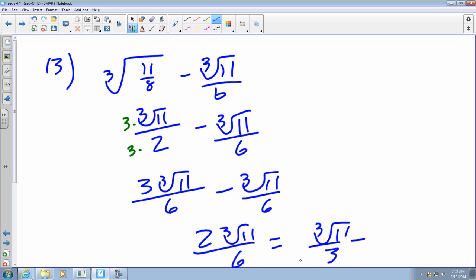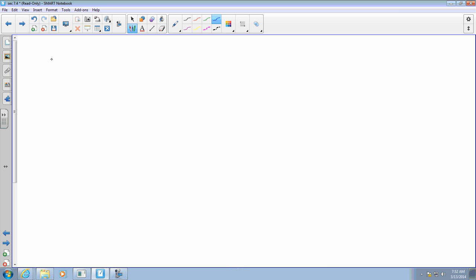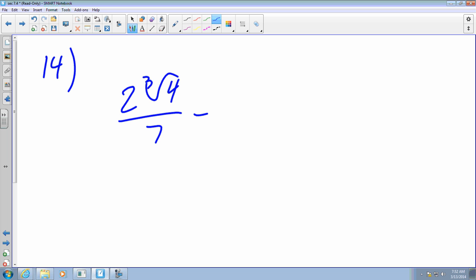The next one we're going to do is question 14. We have 2 cube roots of 4 over 7 minus the cube root of 4 over 14. Again, we have to simplify. To simplify, we need to have the common denominator.